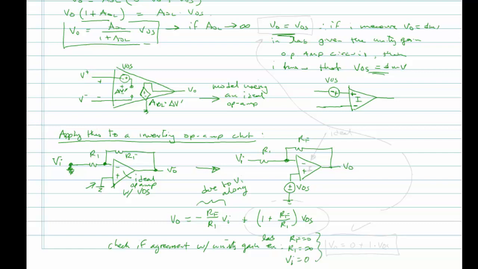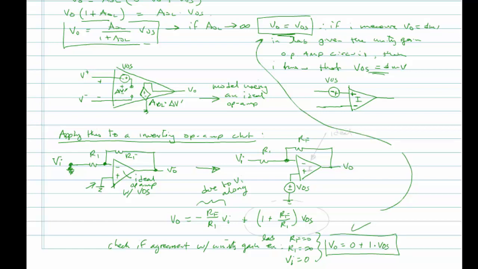So when you plug these in, we get VO is equal to 0 plus 1 times VOS. Okay, and is that what we found up above? We found this right here, right? So this checks with that.